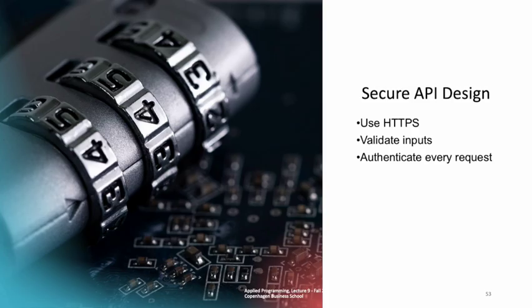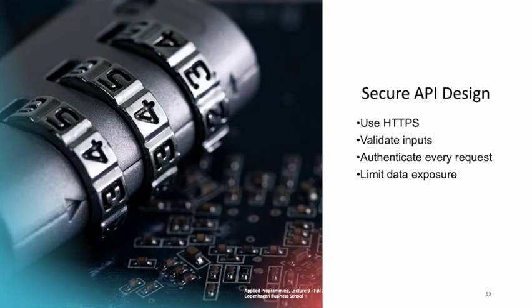Third, authenticate every request. Don't rely on session cookies alone. Use tokens like JWTs to verify the identity of the user making the request. Every API endpoint should check whether the user is authenticated and authorized to perform the requested action. Finally, limit data exposure.